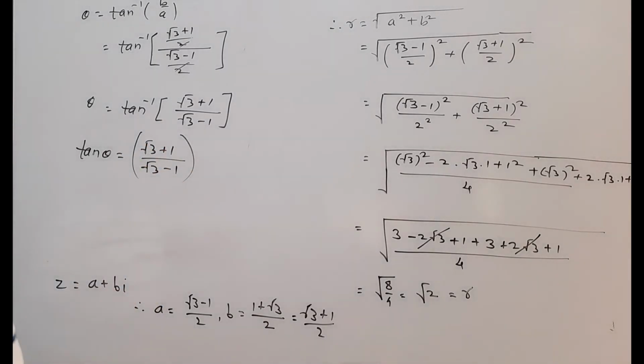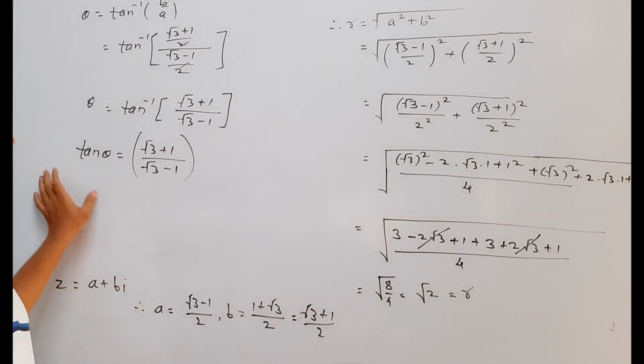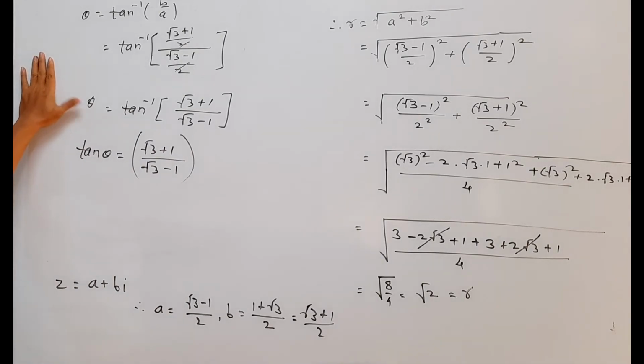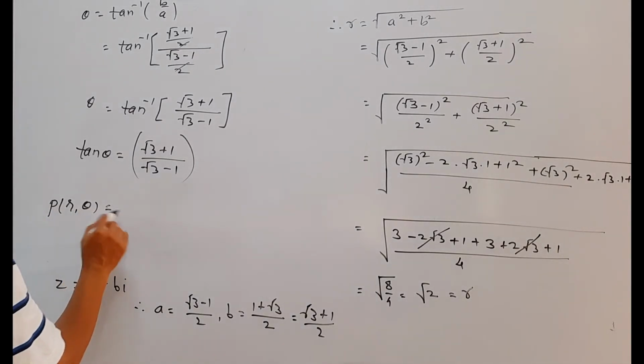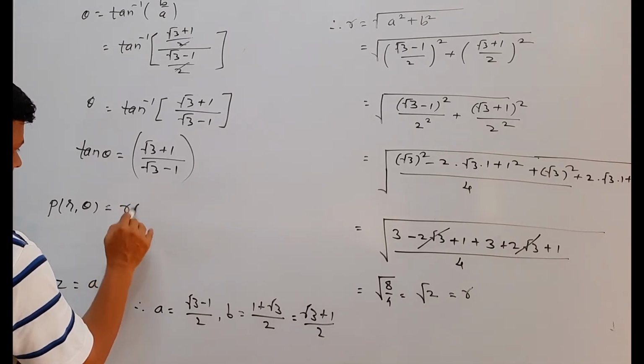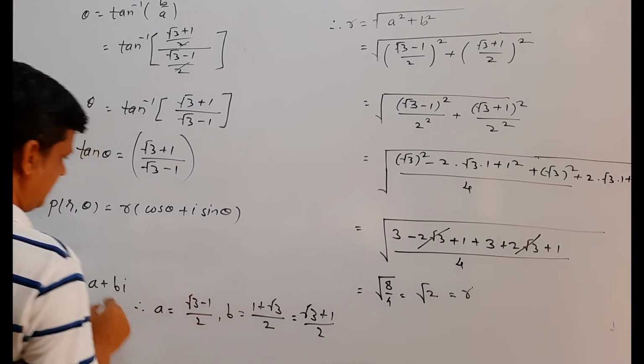So you have to solve up to this step. This is sufficient for finding the value of theta. Instead of calculating the value, you can write the polar form as r (cos theta plus i sin theta).